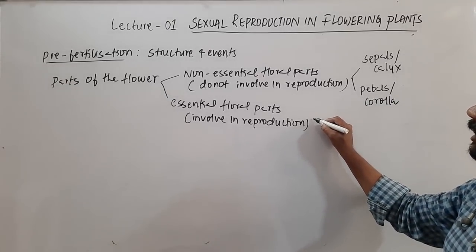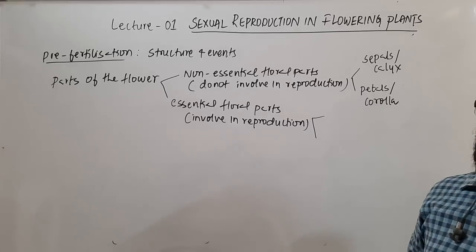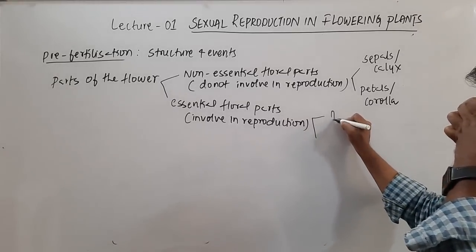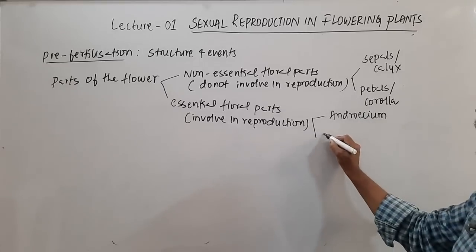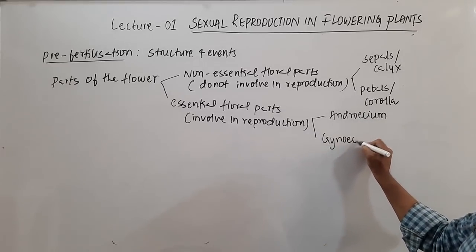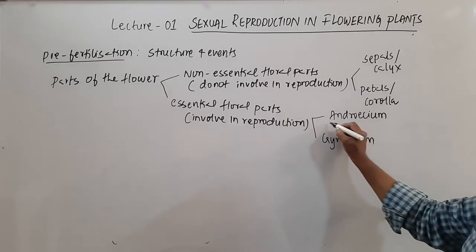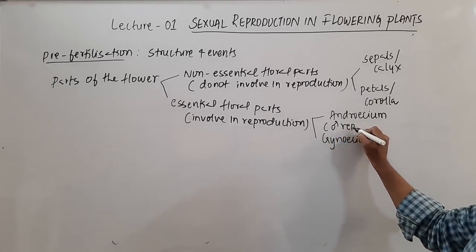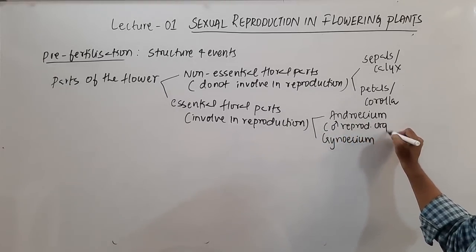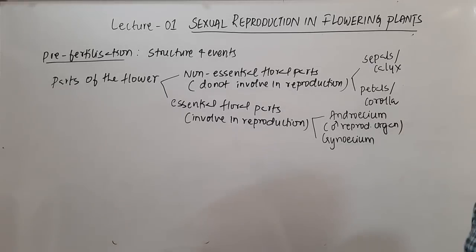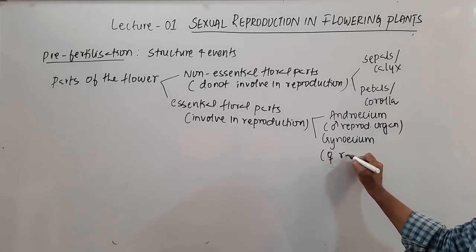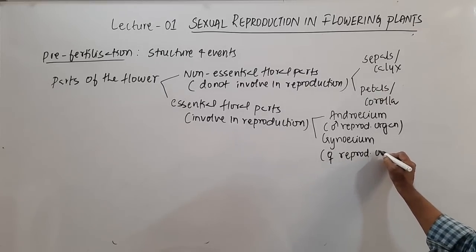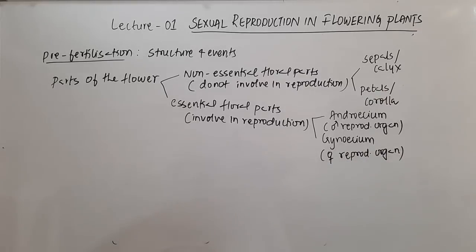Whereas the essential floral parts are again two: the androecium and the gynoecium. The androecium is the male reproductive organ, whereas the gynoecium is the female reproductive organ.